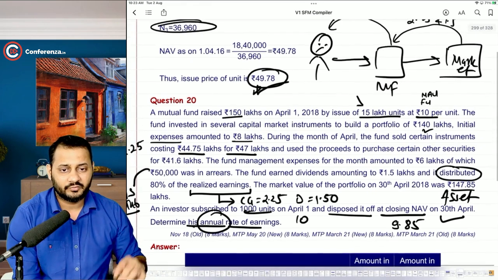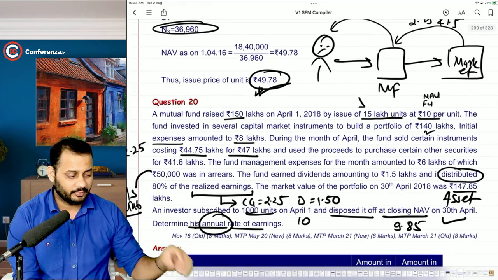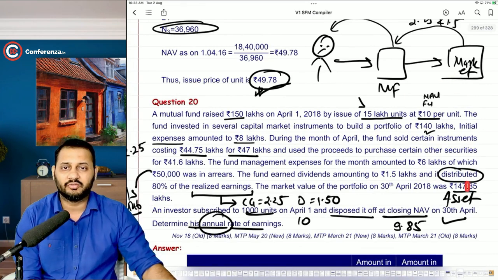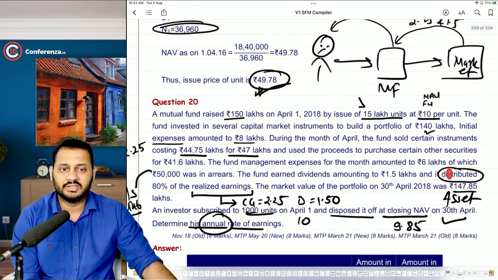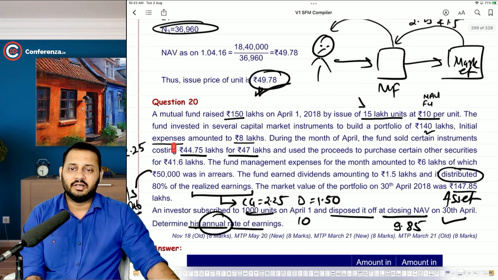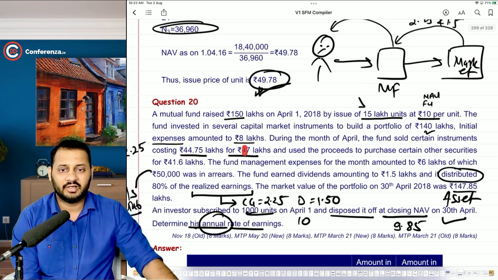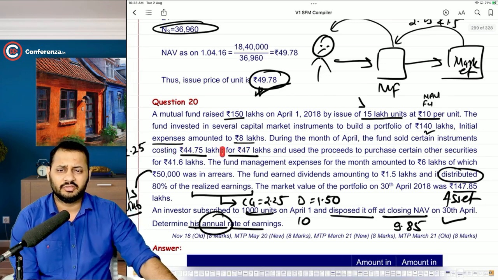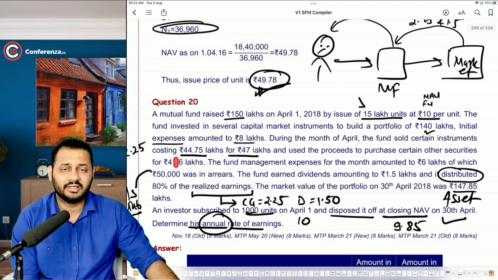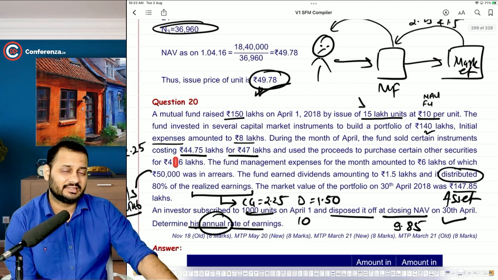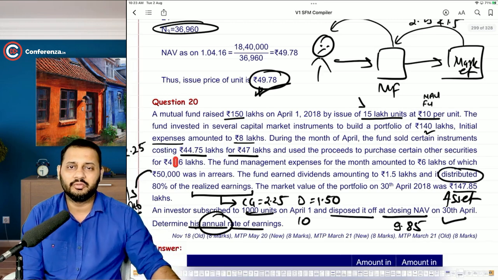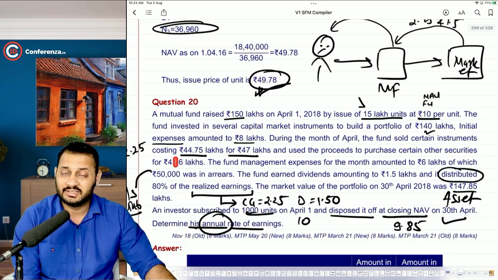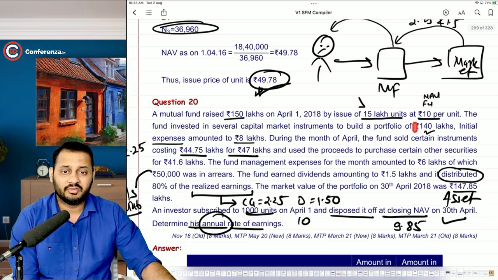Another thing is the market value of the portfolio. A lot of people will do some kind of adjustment in 147.85. They will just add 140, deduct 44.75, add 44.75, or say add 47, and then they again add 41.6 lakhs. Some kind of treatment they are going to do, whereas nothing out of this is required.